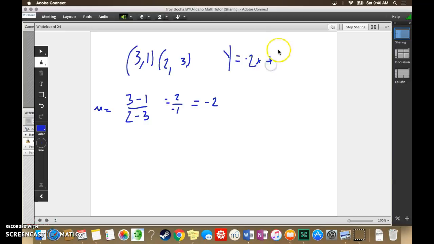But we still don't know what b is. So in order to solve for b, we take one of these points and plug it in. So we say 3 over 1. Let's take that point. So our y is 1. Our x is 3, so we plug that in. Now we're going to solve for b. So this becomes 1 equals negative 6 plus b.